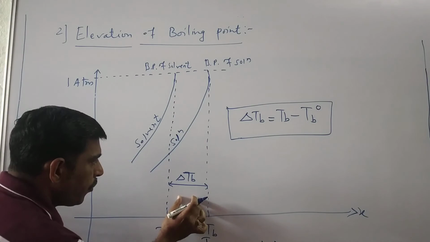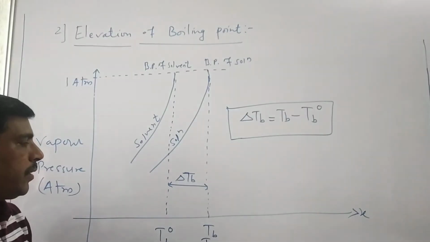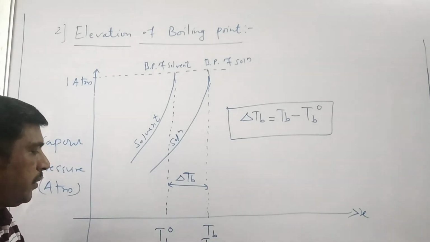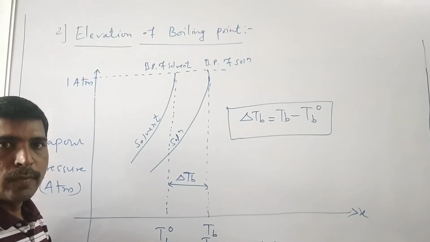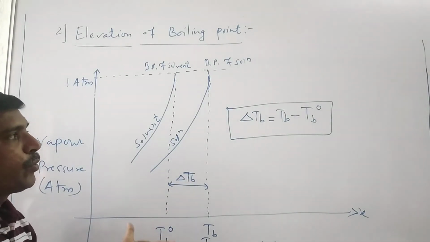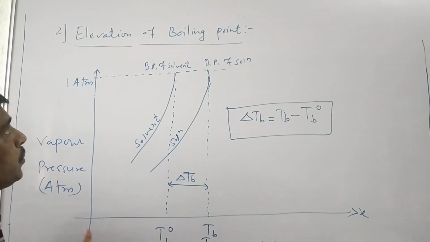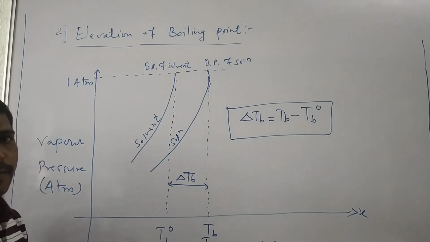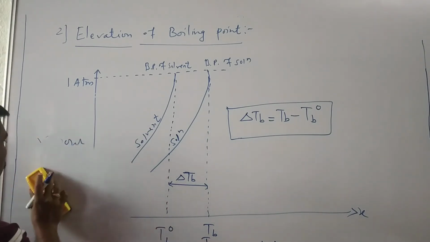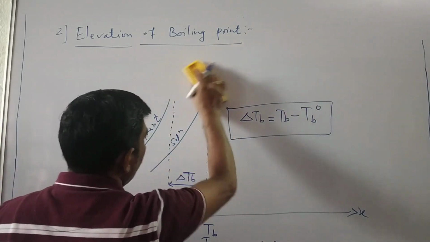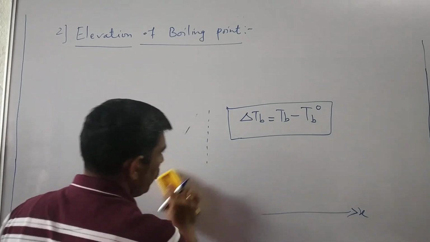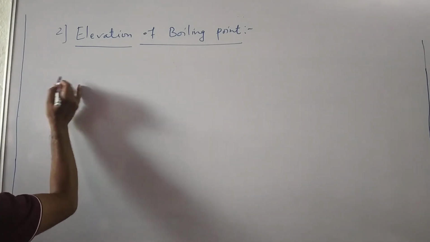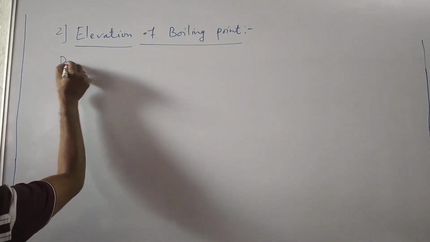And then we get a difference of temperature here, that is delta TB, that means the boiling point of solution minus the boiling point of solvent. Okay, so this is a very important graph to understand the elevation of boiling point. So you have to draw this in your notebook. From here, we are going to discuss the derivation.